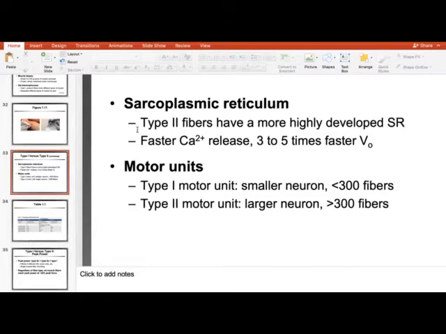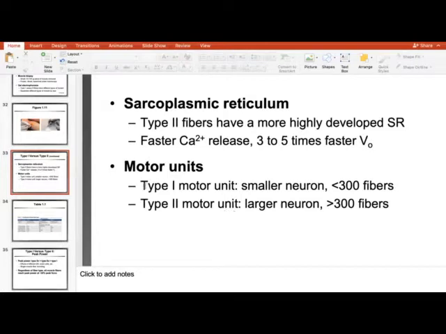So then slowly but surely more type 2 muscle fiber types and motor units that are innervating type 2 muscle fiber types. And again, motor units that are innervating smaller type 2 muscle fiber types are going to fire sooner than larger motor units. So it's from small to large.